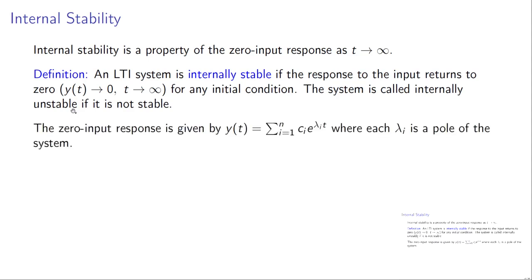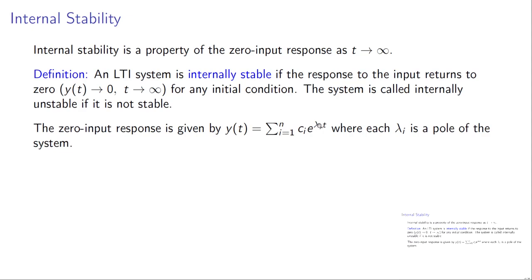But then the zero input response is given by y of t, that is a sum of coefficients multiplied by exponential of lambda i t, where each of these lambdas is a pole of the system.